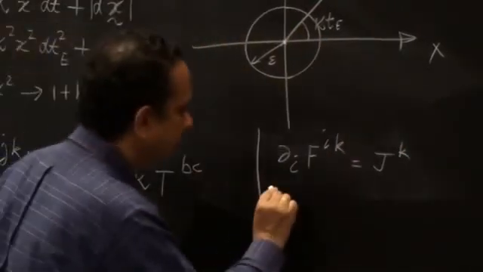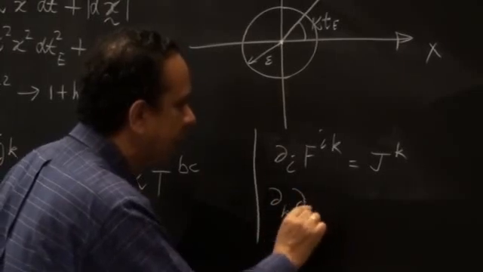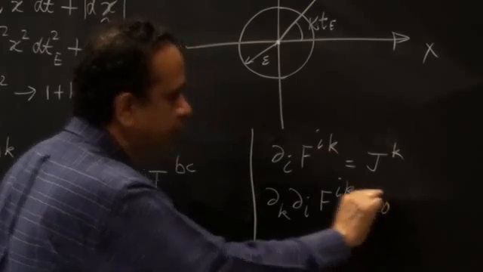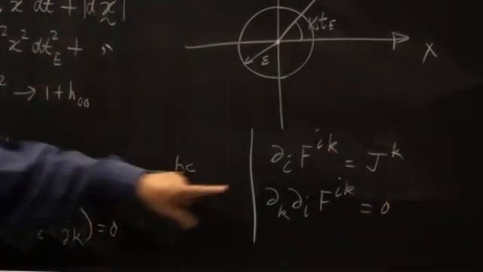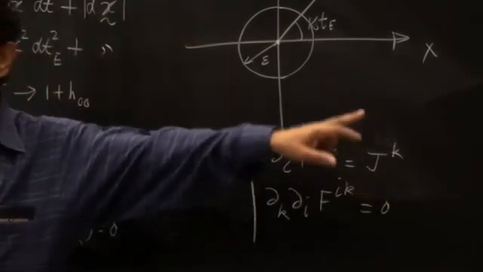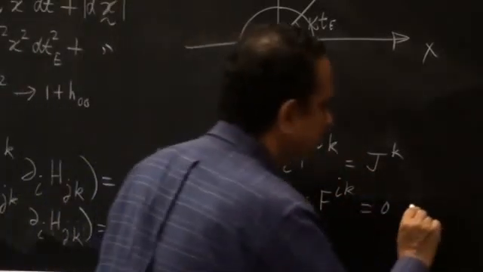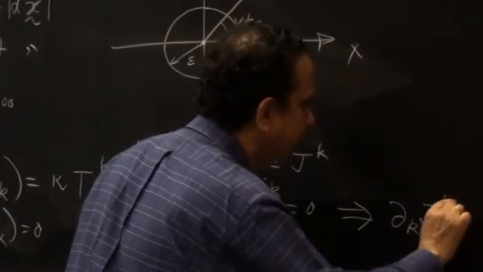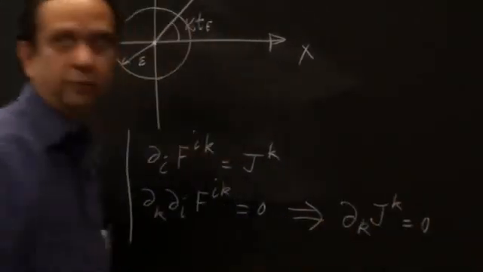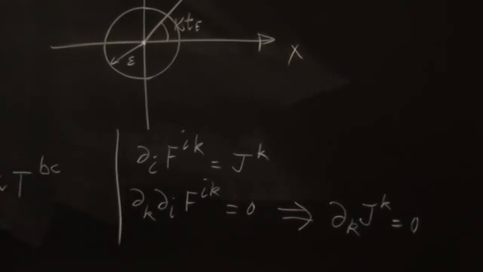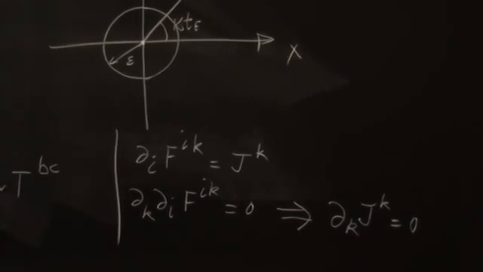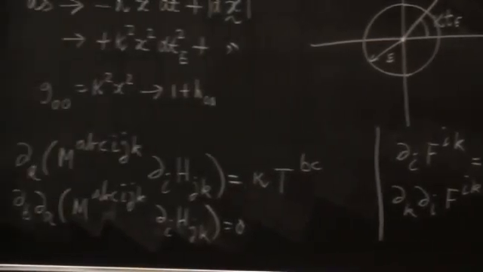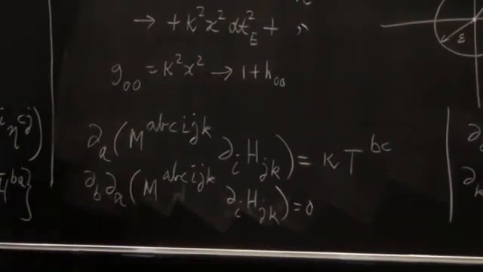And we know that the left hand side satisfies the identity ∂_i ∂_k of F^{ik} equal to 0, which in turn implies for you that ∂_k of J^k equals 0, which you don't bat an eyelid because you say that just means charge is conserved. So you couple to a conserved charge and electromagnetism can only couple to a conserved charge, and as long as you make sure that the charges are not created or destroyed, electromagnetism is a consistent thing.